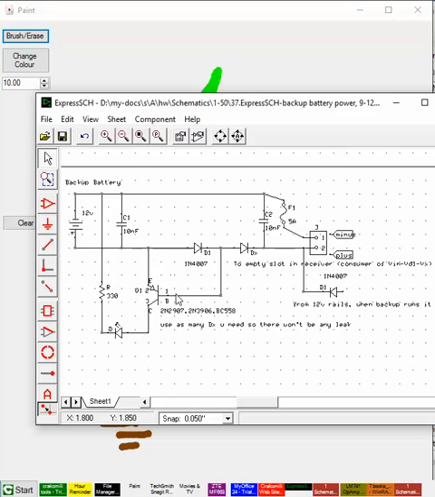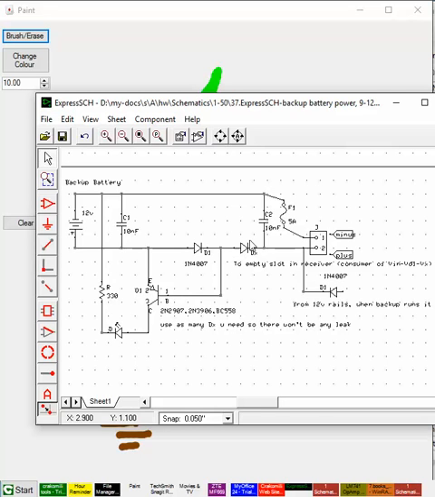If there is 0.7 volt over here, it makes this PNP transistor conduct from the emitter to the collector, and this lights this LED that indicates that the circuit is running now and we are running on a backup circuit.